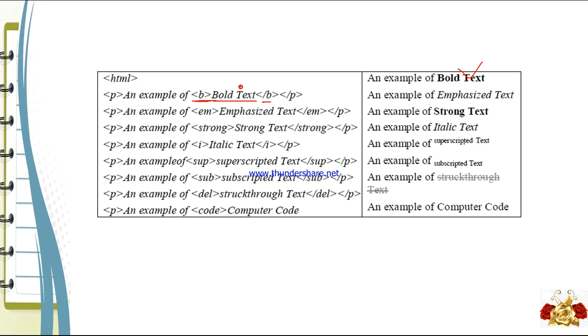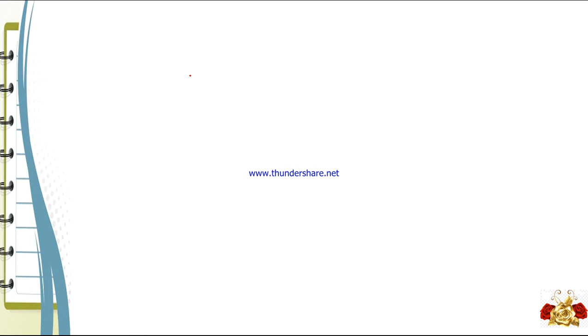This bold text is automatically displayed dark, and there is emphasized text. These are some exercises: italic, subscript, computer code, strikethrough, subscripted text. Based on our input, we see how it is displayed.